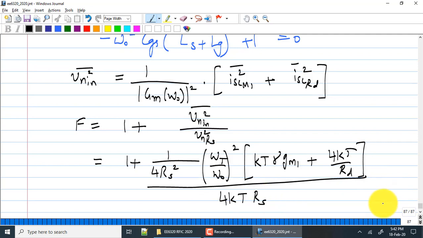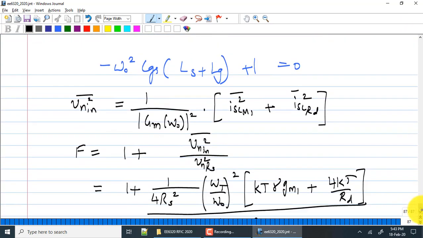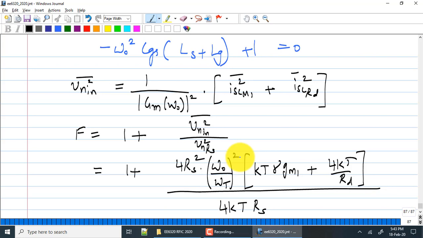Is this correct? Okay, is 1 over gm squared.